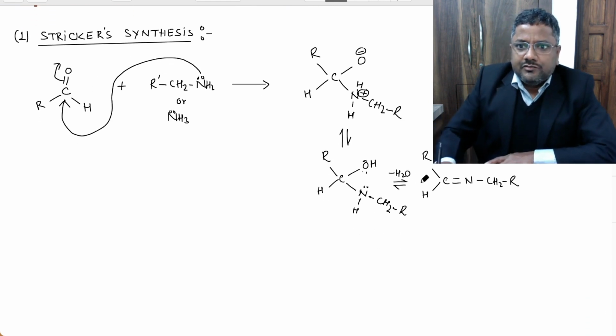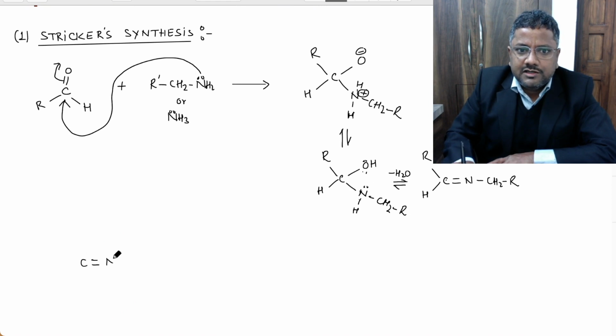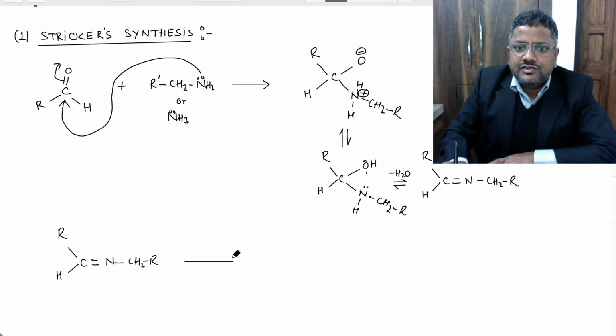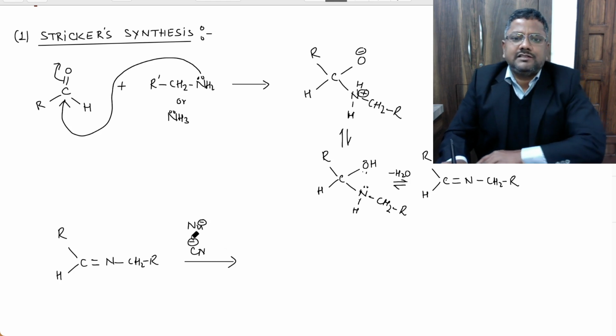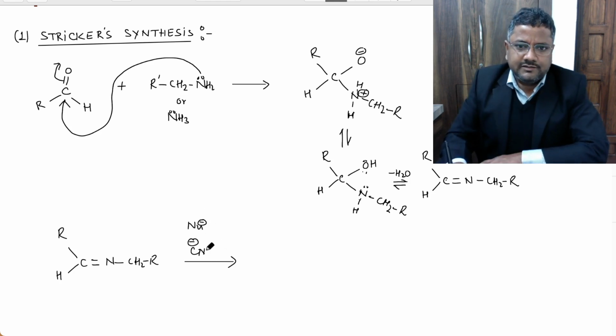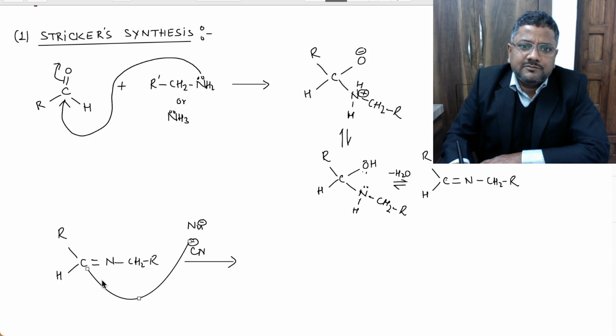Now, with this material, C double bond N, CH2R, R and H, you can take KCN or NaCN, meaning CN minus, a nucleophile, right? The source of this CN minus is KCN or NaCN, okay? Now see, this is a nucleophile, so again the electrophilic center is this, so this CN will attack here.